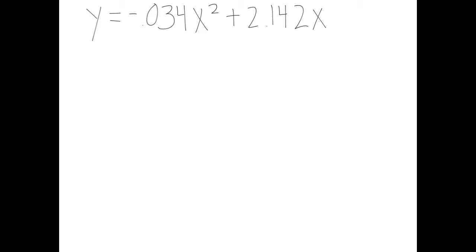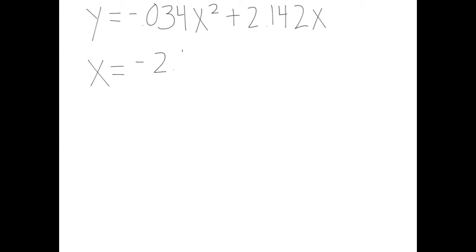I'm going to write our equation up here. So you already know what it is: negative 0.034x squared plus 2.142x. So our b value, we take that and switch the sign.